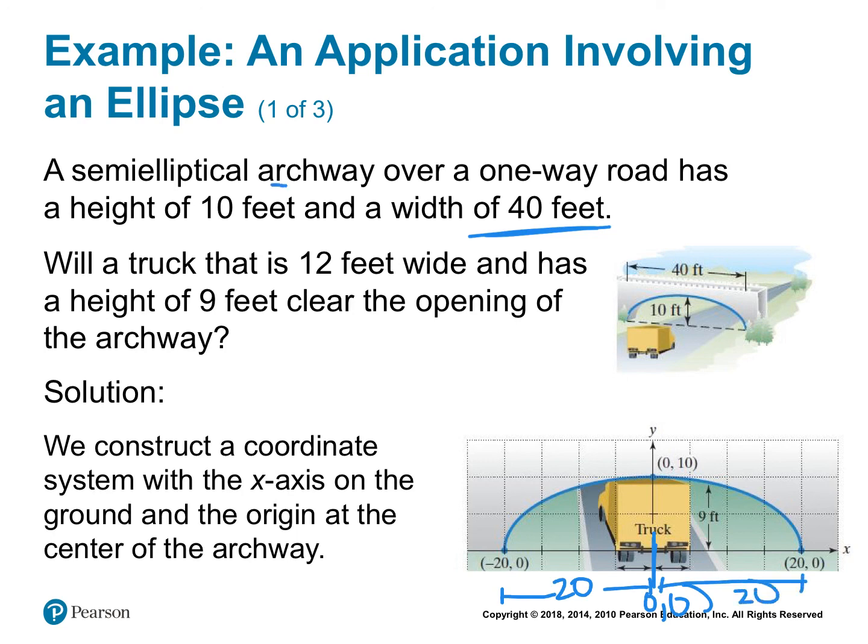And the height is 10 feet, so that's where they got this coordinate of (0, 10). They went up 10. And we know that the truck is 12 feet wide and has a height of 9 feet. So the truck is 9 tall, and then we would have 6 and 6 here to make a width of 12.